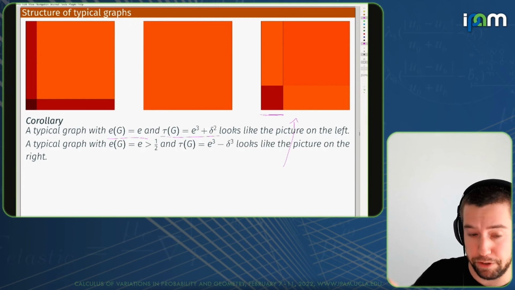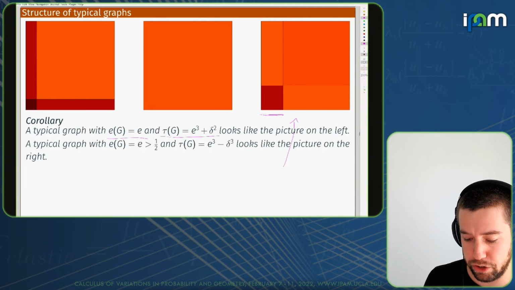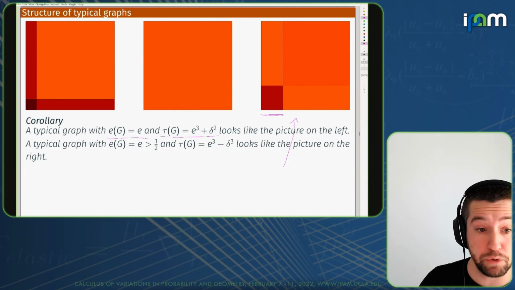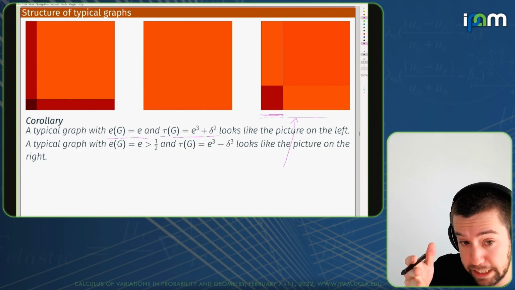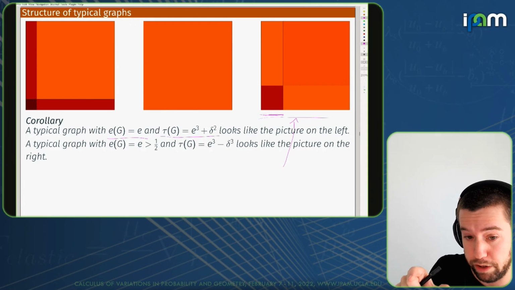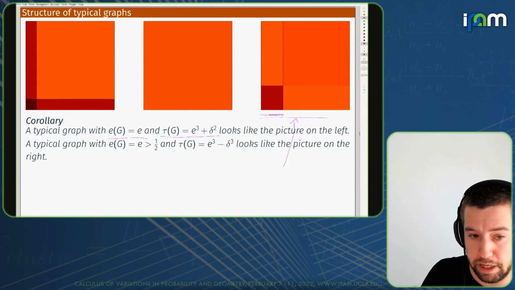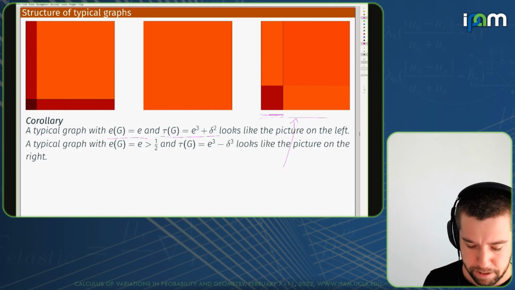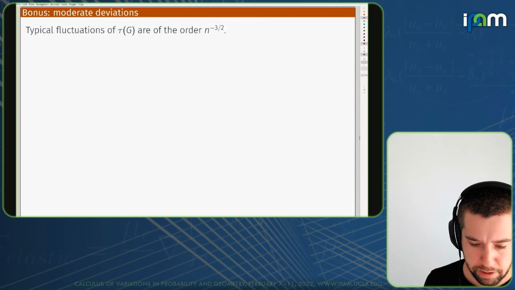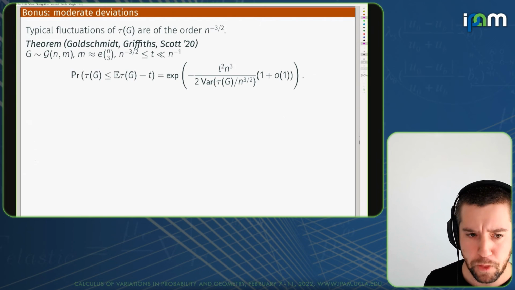So this is the graph-theoretic interpretation of the picture you see. Conditioned on having fewer triangles than normal, you spontaneously get this extra structure where the vertices are partitioned into two parts, and that influences the edge densities in the various parts. Okay. I want to briefly talk a little bit also about what happens.